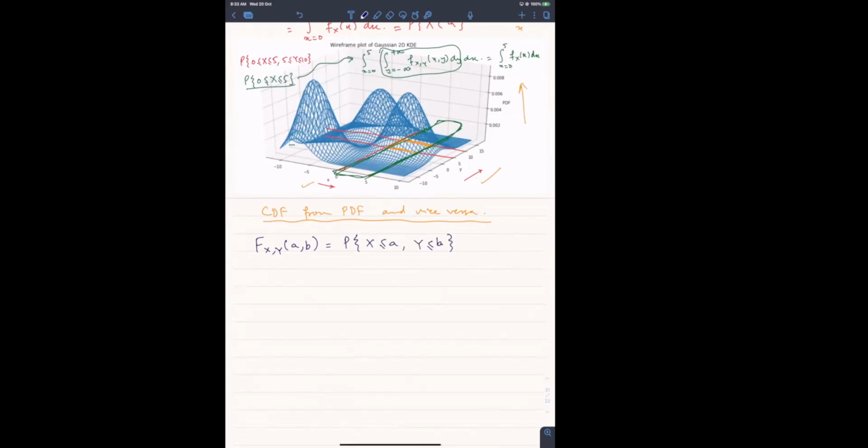This is how the joint CDF is defined, and of course in integral terms this would be x going from minus infinity to a and y going from minus infinity to b, fxy(x,y) dy dx.